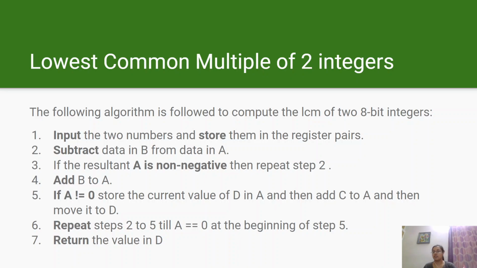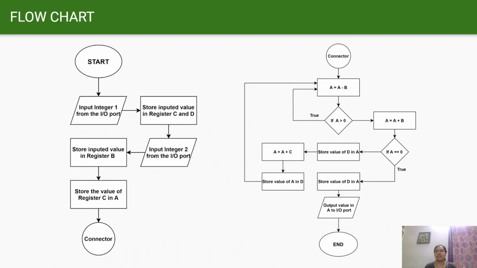And the process keeps on going till we find a multiple of A which is divisible by B. When we find a multiple of A which is divisible by B, that multiple of A is the LCM of A and B. So now we'll be discussing the flowchart. This is the input-output branch. We're taking the first integer as an input and storing it in C and D.